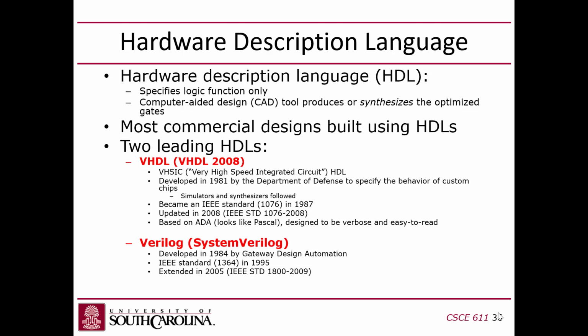VHDL was a nested acronym. VHDL stands for VHSIC Hardware Description Language, and VHSIC itself stands for Very High Speed Integrated Circuit. So, Very High Speed Integrated Circuit Hardware Description Language. It was developed in 1981 by the DoD.